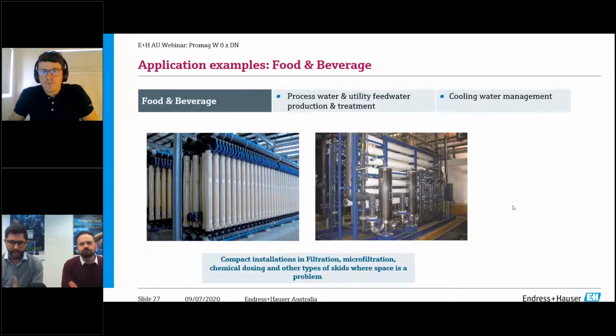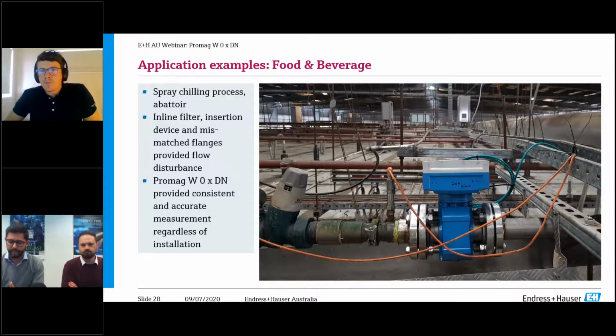Okay, and we already have a very interesting success story here in Australia, where a customer is using the Promag W0 DN to monitor the water consumption of a spray chilling process. It's an abattoir, and you can see from the picture that there are several factors influencing the flow profile and causing disturbances.